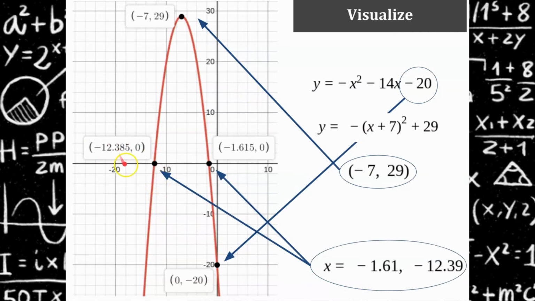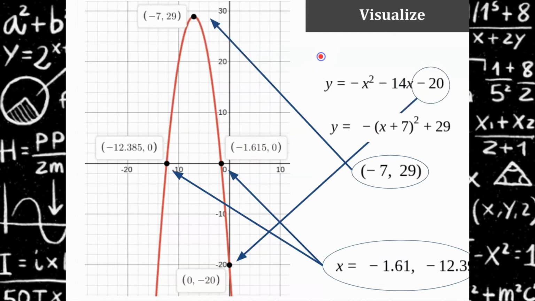On this graph, they happen to be rounded to the nearest thousandth, but it works for us. It's approximate. If you're graphing it, of course, you're not going to graph -12.385, but you know that your roots are between -12 and -13, and over here between -1 and -2. So it gives you an approximation.